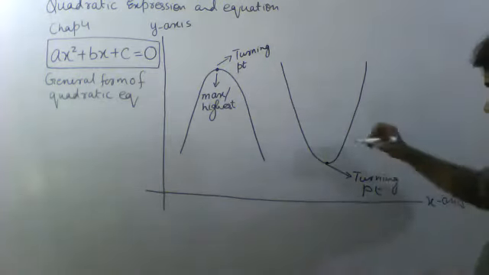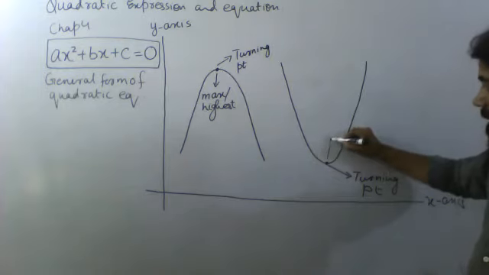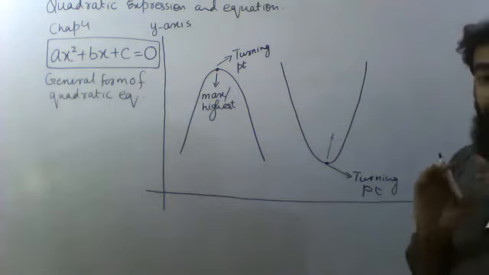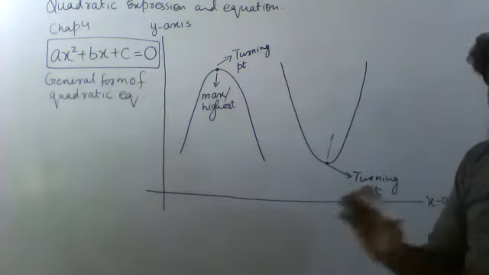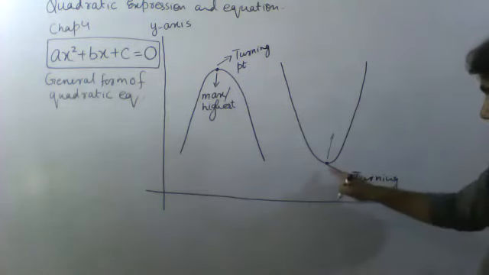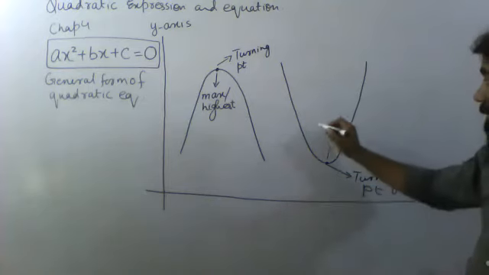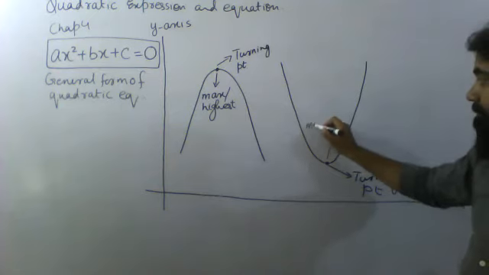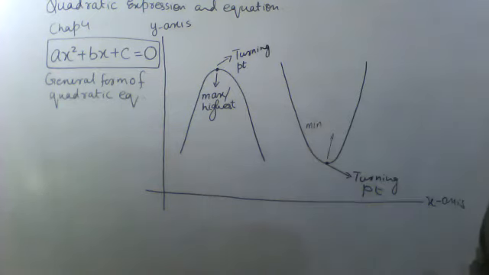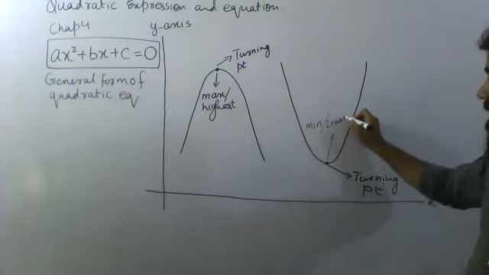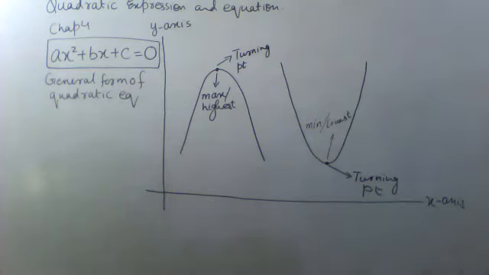It means for this one, I am only talking about the turning point, not anything else. In this curve, the turning point has got the minimum value of y, or lowest value of y, or smallest value of y, whatever you want to call it.